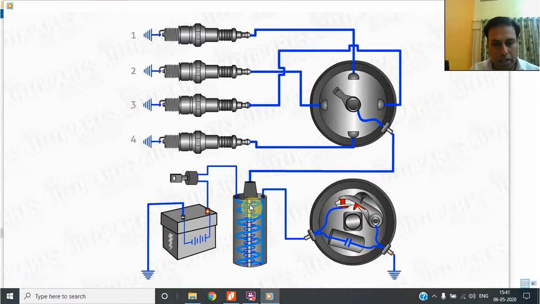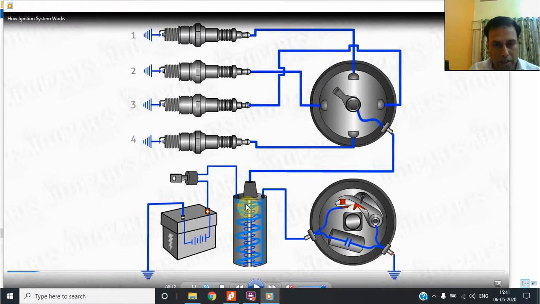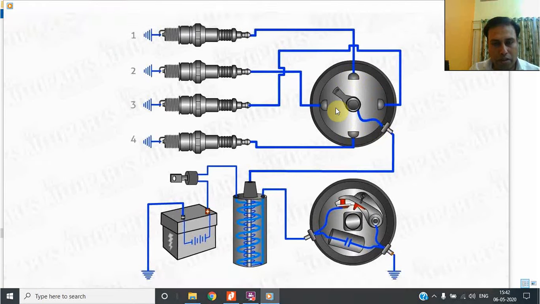Then that high voltage is given to the 4 cylinders, 1, 2, 3, 4, through this rotary distributor. So this is a simple construction of this system.